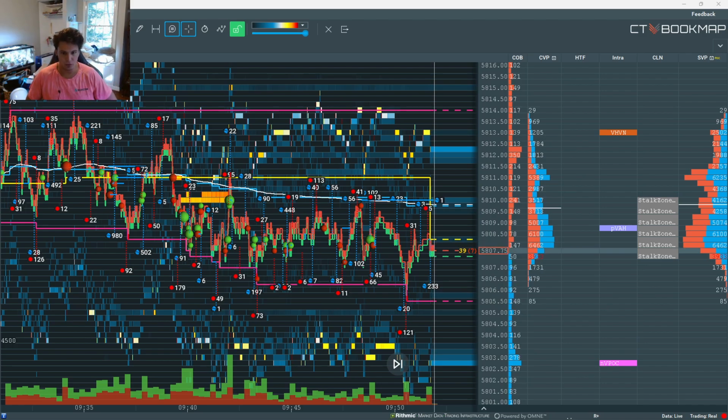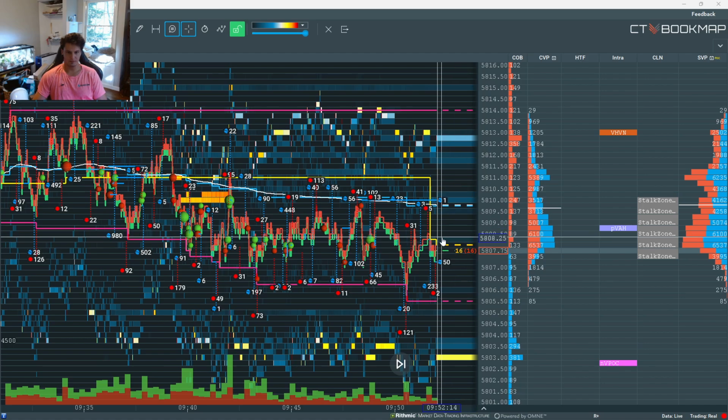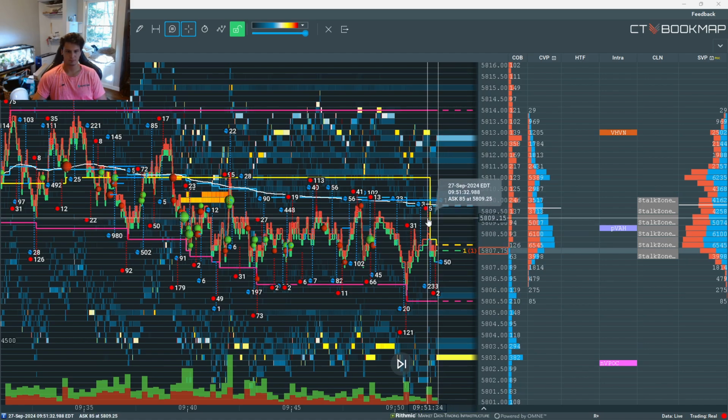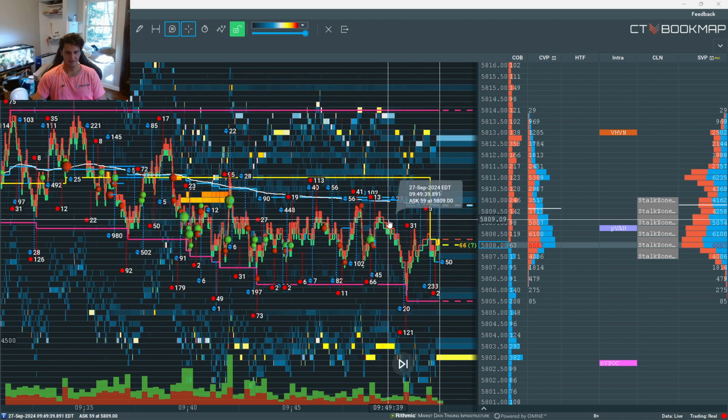We have news at 10 a.m. So we'll be flat for that. Here's a migration. We know that this is the too high area in here.